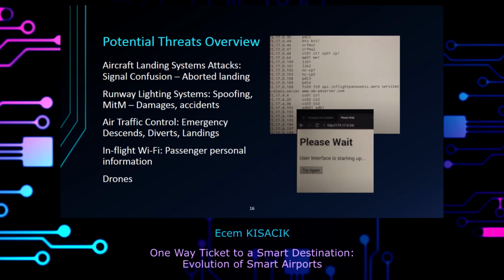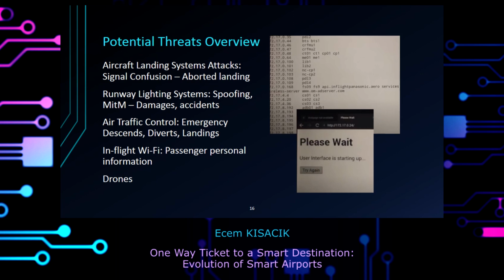Smart lights. Accessing only one smart light bulb is enough. Then the malware will spread through the entire network. Runway lights are crucial for an airport. Nowadays, airports use SCADA systems with adjacent lamp fault detection.